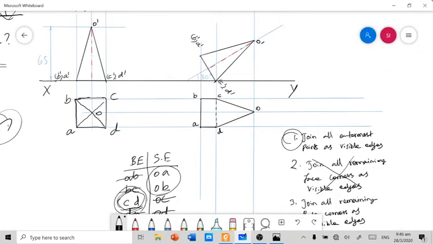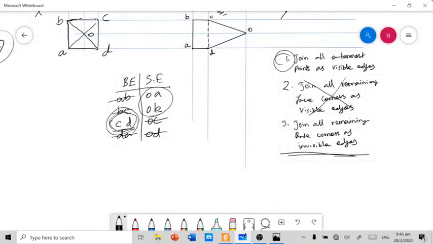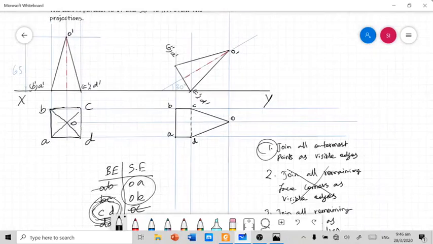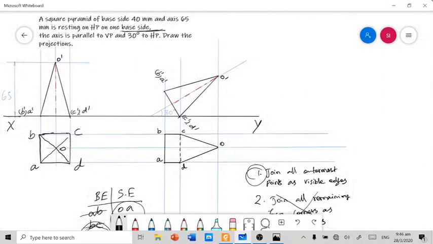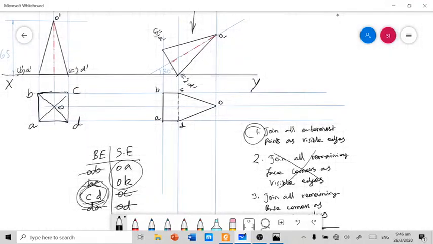So the fourth rule is for side edges. The side edges can be decided whether they are visible or invisible by seeing the front view in top manner. So the edges OA and OB are the remaining side edges not yet joined.